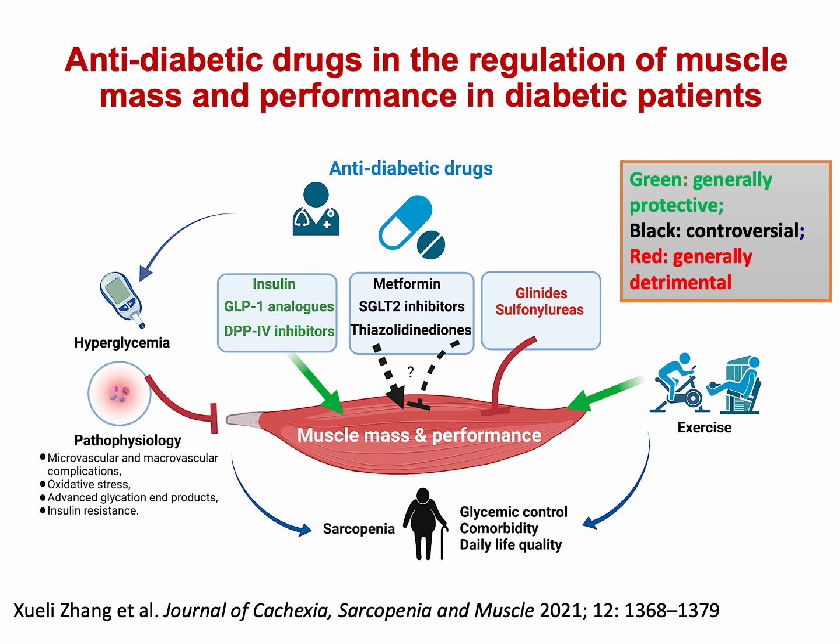SU and glinides are generally detrimental, in red, and the effects of metformin, SGLT2 inhibitors, and TZDs remain unclear, in black. However, the current data is preliminary and mostly derived from preclinical studies. More research is needed to make robust clinical recommendations.